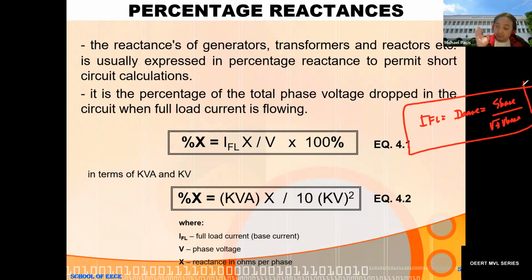This formula was already discussed in your per unit analysis. Now, the X here, by the way, is on a per phase basis, and the V here is also per phase. Please take note that the voltage at the fault point must be on a per phase basis. This is the V base at the fault point.